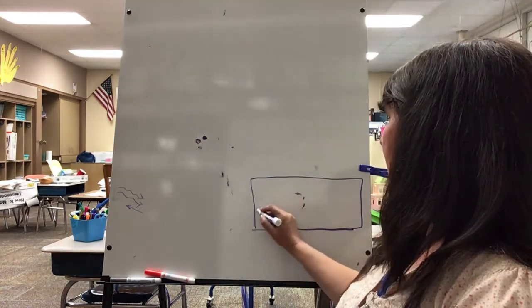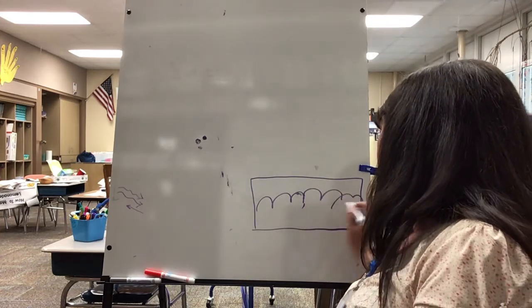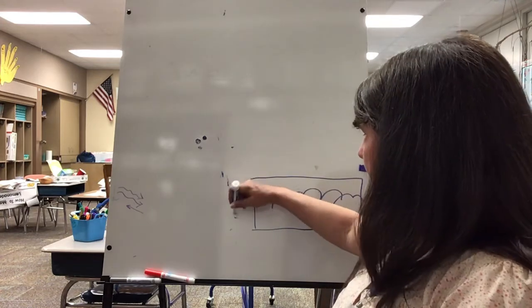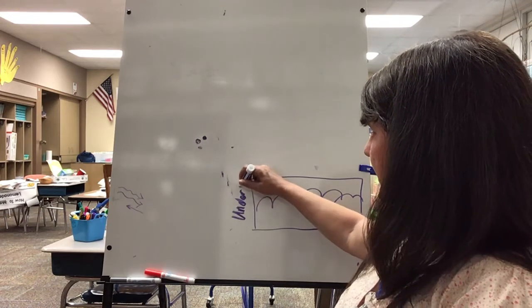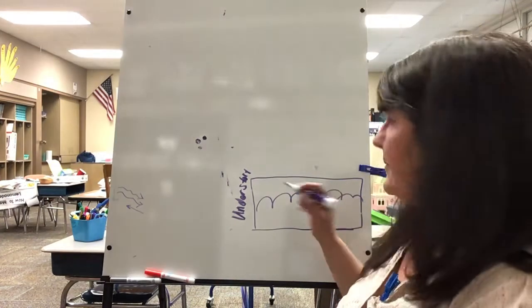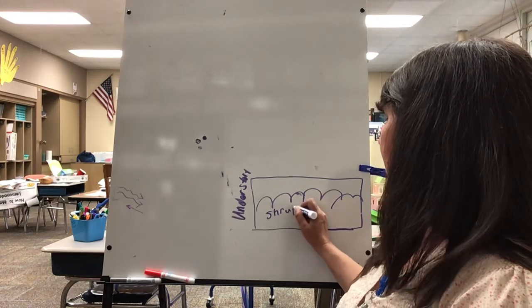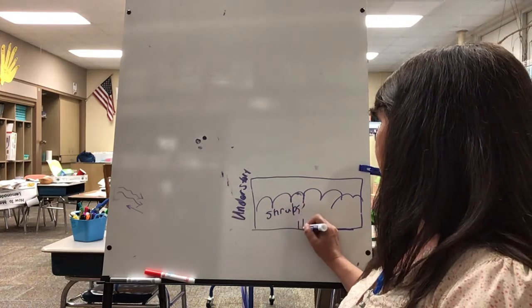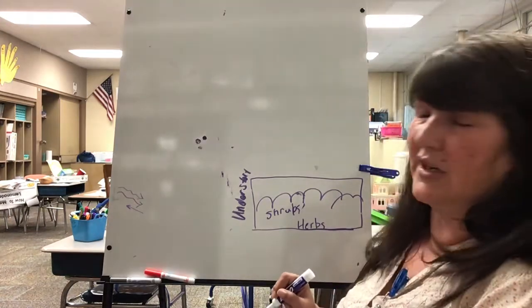You've got shrubs down here in the bottom, understory. So this is like your understory. It goes under the trees. Okay. The understory would have shrubs and other plants like herbs, and ground animals would live there, right?